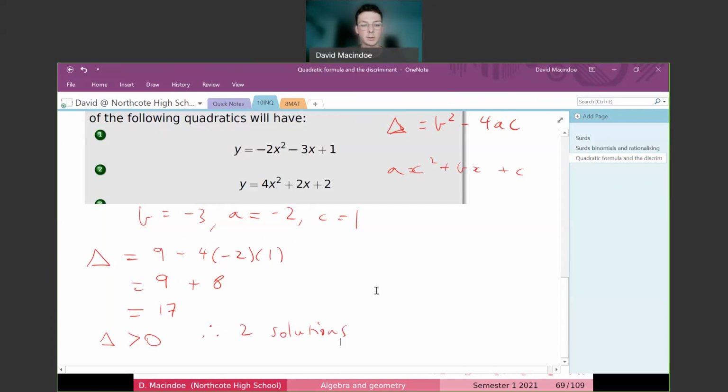All right, let's figure out the next one. Just separating this out, a is 4, b is 2, and c is 2.